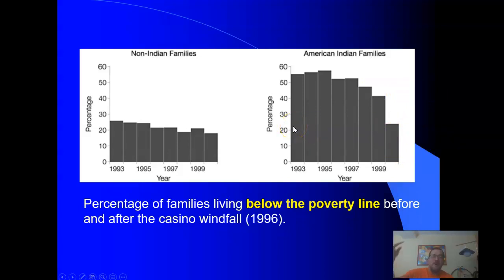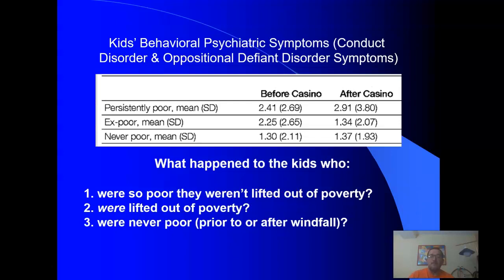So you see that eventually, after this economic windfall, the rates of poverty went way down in the American Indian families. And that meant that this group of researchers could identify Indians who were the beneficiaries of that windfall and look at their life outcomes as they were happening in school, for example. And that's what these data show you.